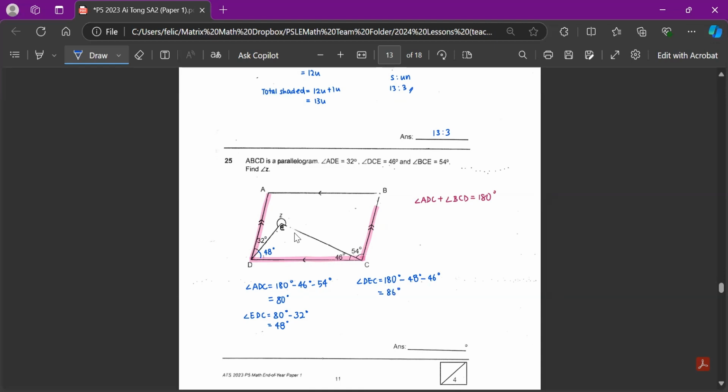Let's annotate now. This is 86 degrees. So finally, we can find angle Z. Angle Z is a huge reflex angle. These two, 86 and angle Z, add up to 360 because they are angles at a point. They meet at a point here. So simply 360 minus 86, which gives us 274.